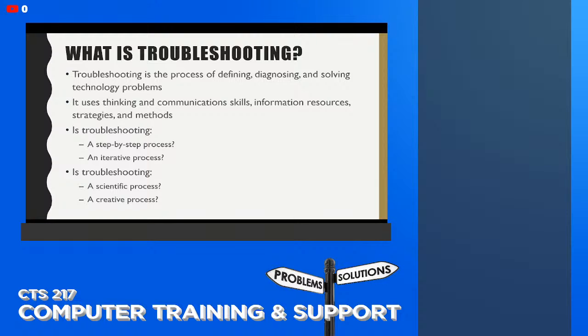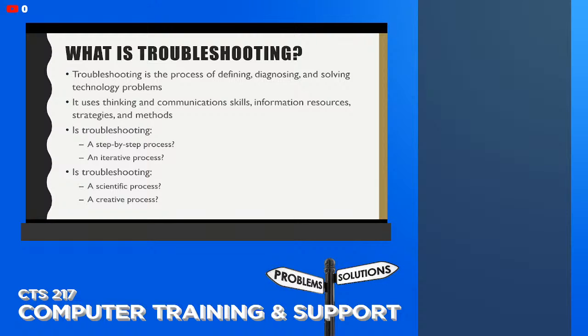And so we have two sets of questions here about troubleshooting. Because when we think about a process, oftentimes we like to silo it. We like to make it one particular thing. And when we're examining troubleshooting, we have the question of, well, is troubleshooting a step-by-step process or an iterative process?